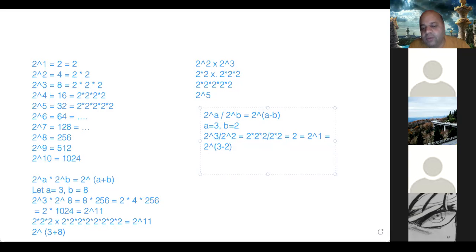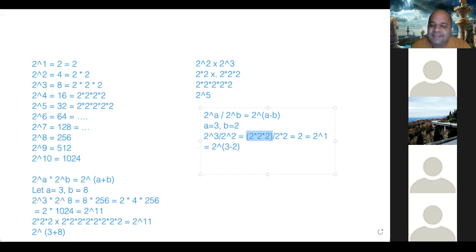What does 2 raised to 3 in the numerator mean? It is 2 multiplied by 2 multiplied by 2, correct? Yes or no? Yes, sir. And the denominator is 2 raised to 2.